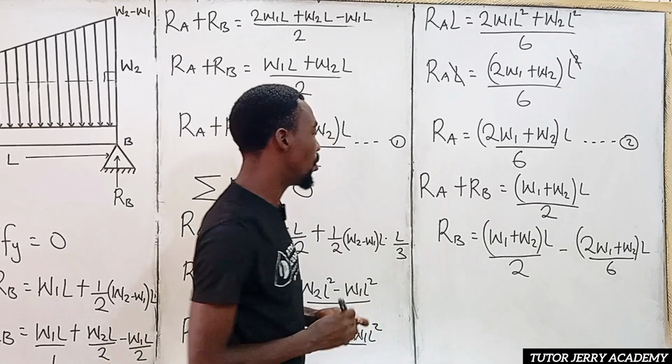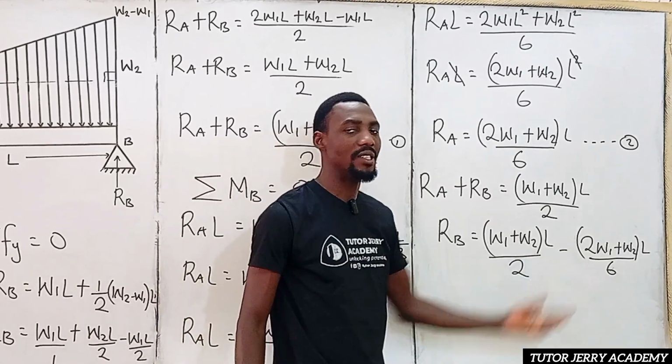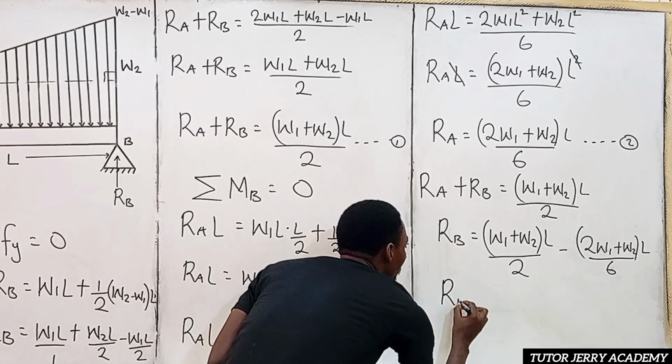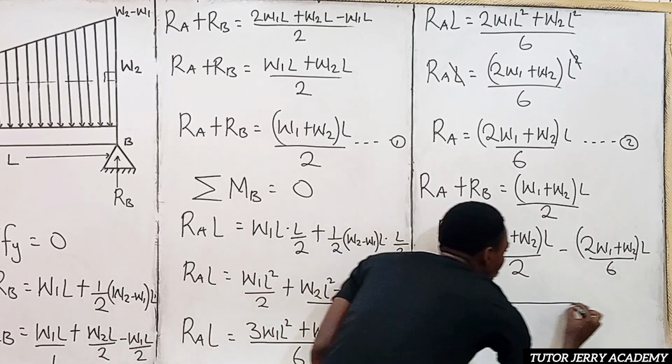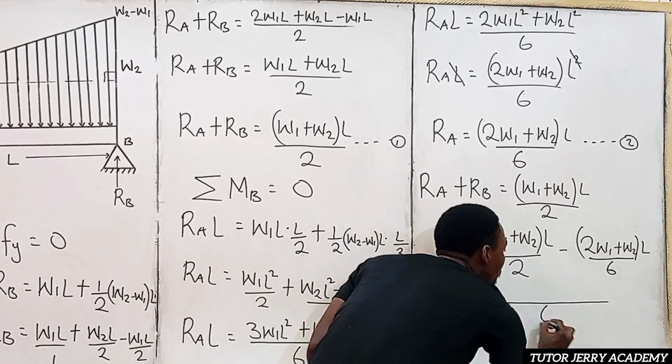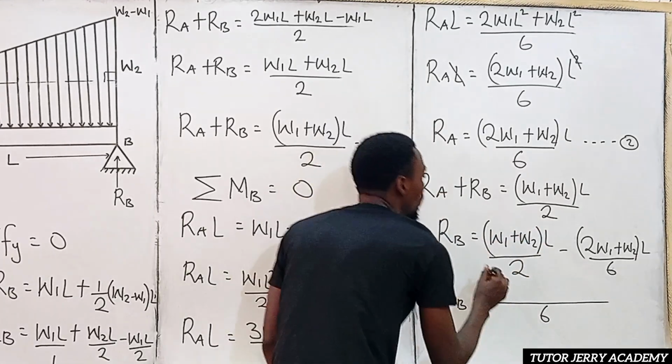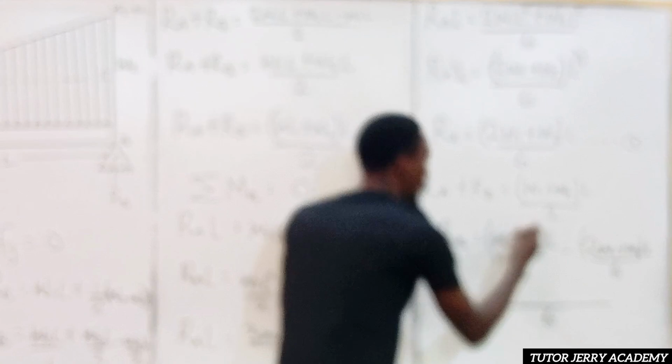So now the next thing we are going to do is find the LCM of 2 and 6, which is what? 6. So we are going to say RB will be equals to, the LCM of 2 and 6 is 6. So 2 in 6 is 3. 3 multiplied by everything here. You can just open the bracket directly like that.